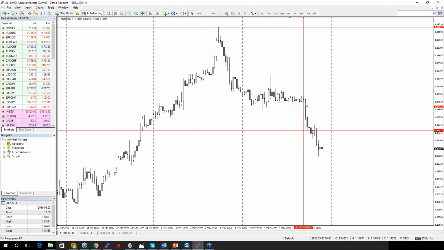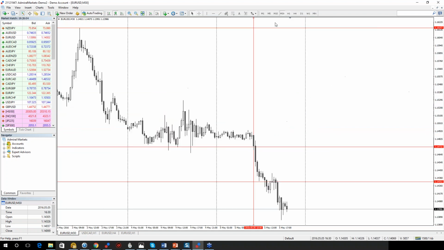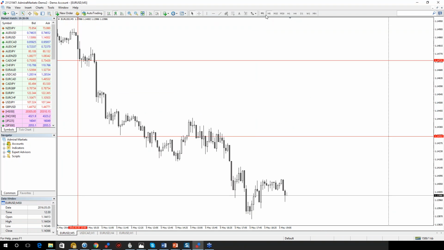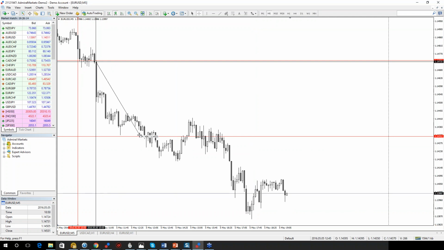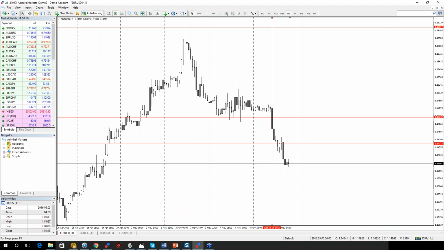So let's say that this was your candle. Go to 30 minutes and eventually you go to 5 minutes and see. So this was your entry, this is your target, guys. So you're aligning trend and momentum on 1 hour time frame, and you cherry pick your entry on 5 minute time frame.